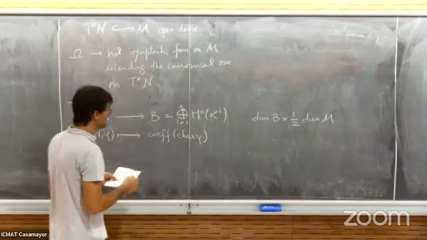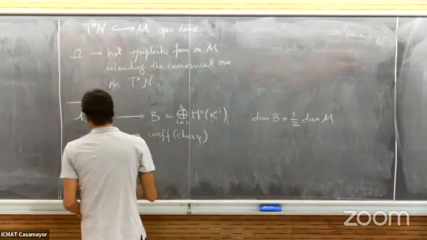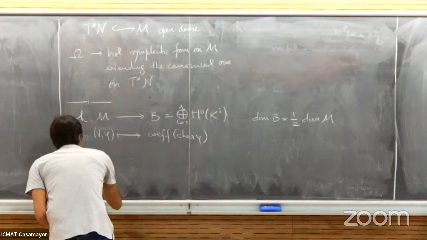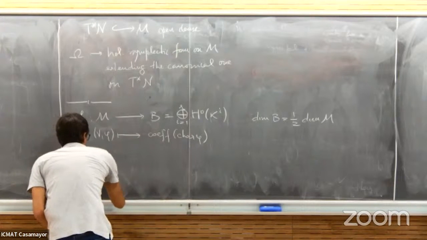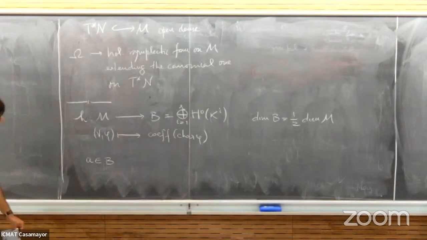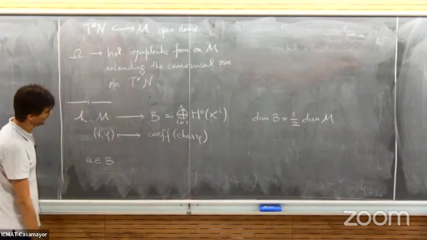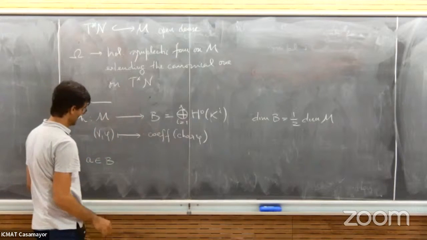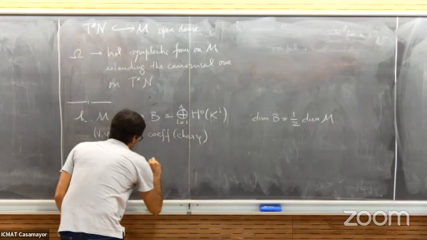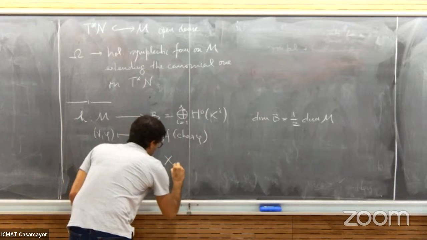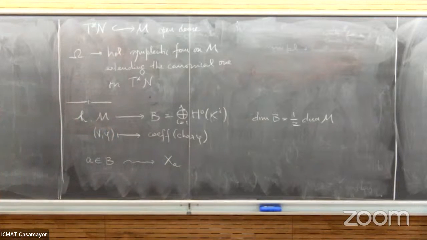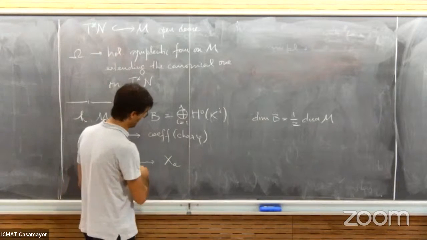All right, now I want to see what the fiber of the Hitchin map is over an element there. Out of an element a, we can construct the so-called spectral curve associated to a.